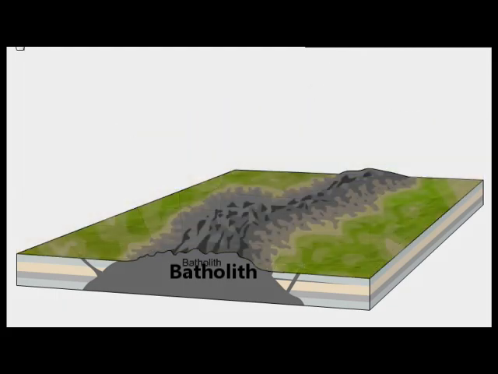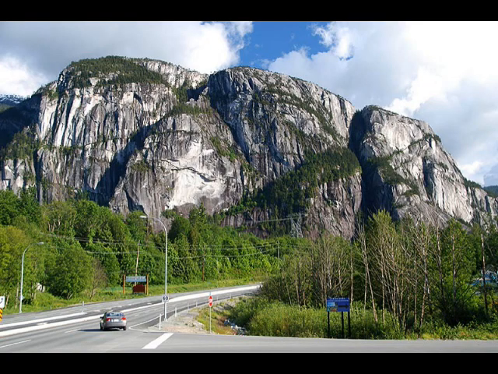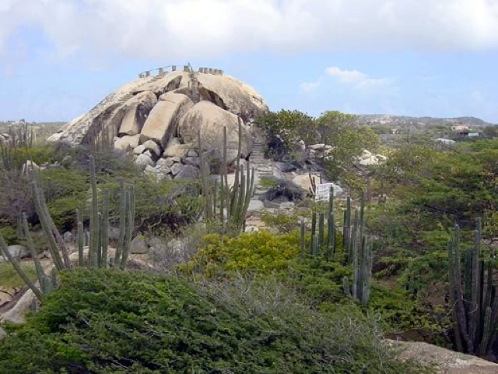The overlying rock is eventually broken down and removed to expose the batholith on the surface. One prime example is the Canadian Shield in Canada. And in the Caribbean, we have the Casibari rock structure in Aruba.